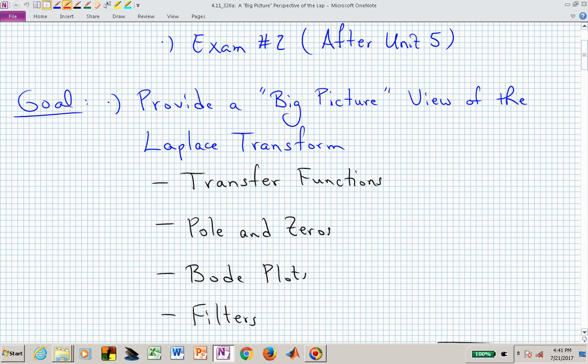And the reason is that it has a lot of application. We can use the Laplace transform to produce transfer functions. We can start talking about poles and zeros. We'll start understanding a little bit better where this Bode plot might be coming from and how it's connected to the transfer function.